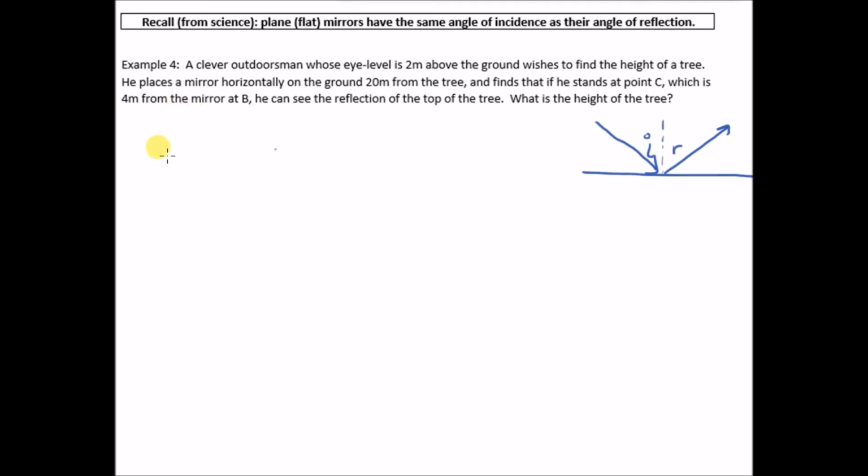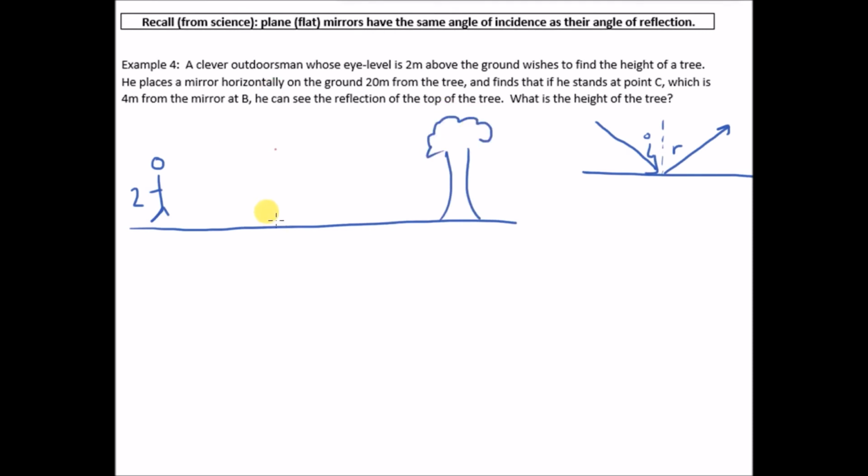A clever outdoorsman whose eye level is 2 meters above the ground, that means he is 2 and a bit meters tall, wishes to find the height of a tree. He places a mirror horizontally on the ground 20 meters from the tree, so from here to here it's 20 meters.